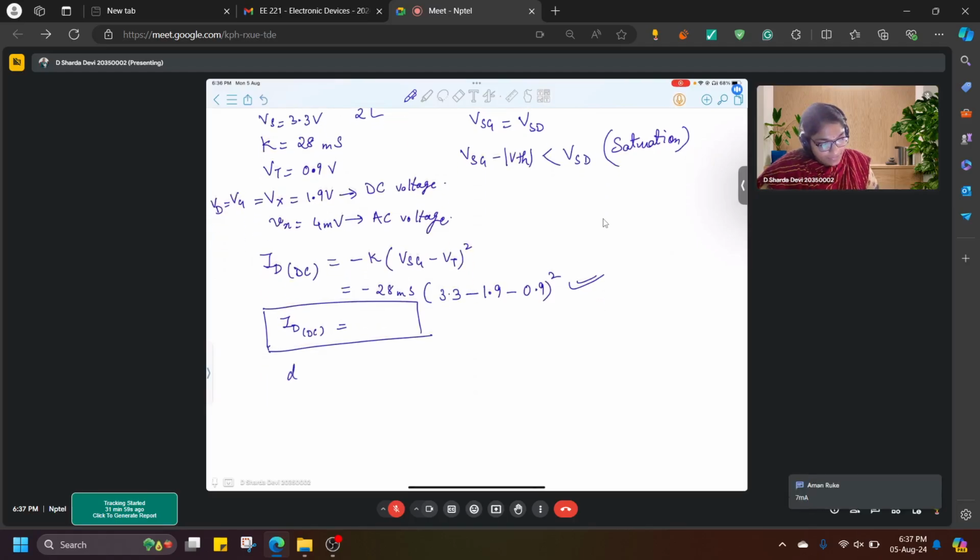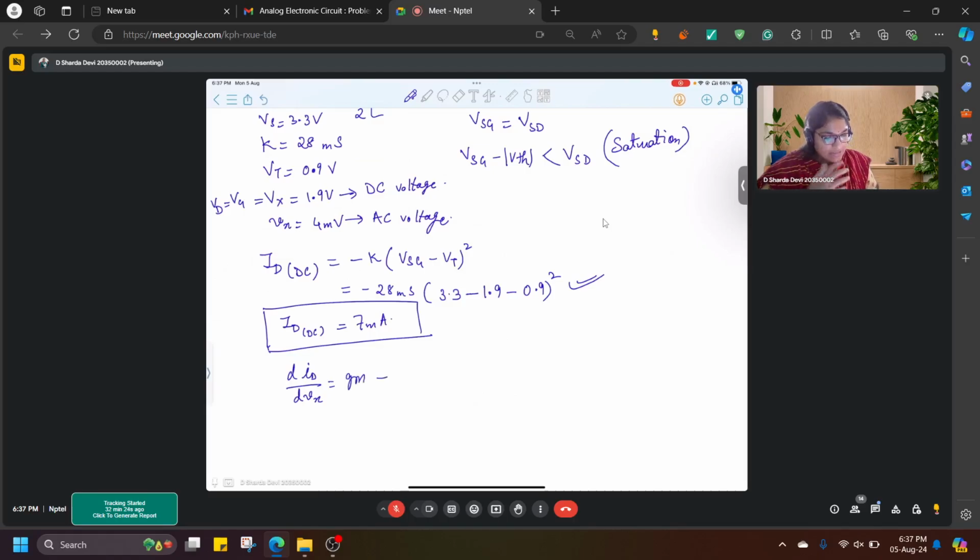Now let's say I find dID, that is the small change. Okay, this is 7 milliamperes. Now we want to find the small id. So let's say we have dID upon dVs.